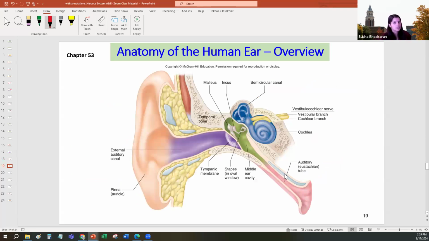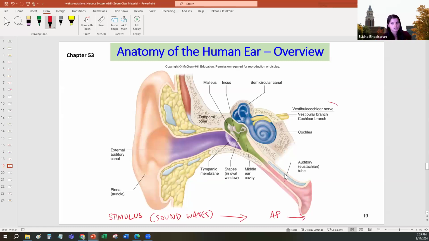So the anatomy of the human ear here, how does this help? Again, what is the stimulus? Very similar to the eye. Our job for the ear is to convert, what is the stimulus? Sound. Very good. Sound waves to be converted to action potentials, correct?